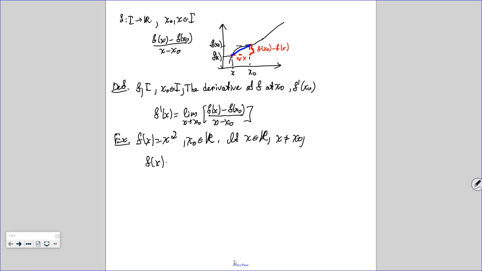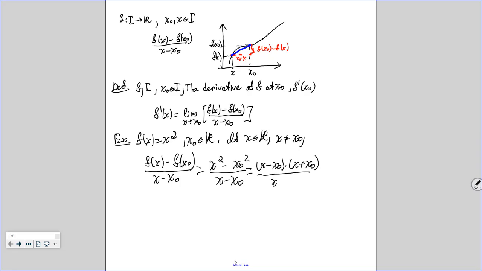Let's form the quotient. Then we use simple algebra to simplify it, which is equal to x plus x0.